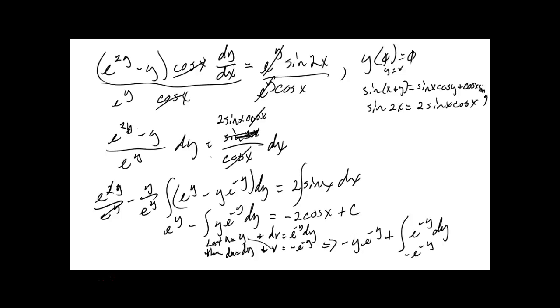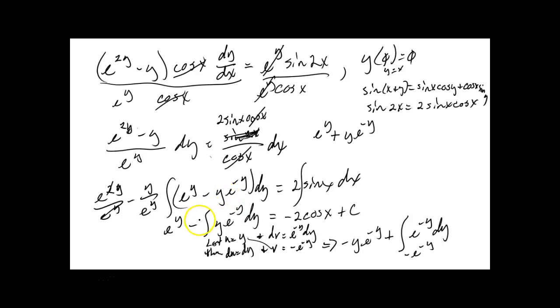Okay, so let's go back. I think I'll do it up here and see what we wound up with. Here we had e to the y. Then we had a minus. This minus negates that minus, and that makes a plus y e to the minus y.